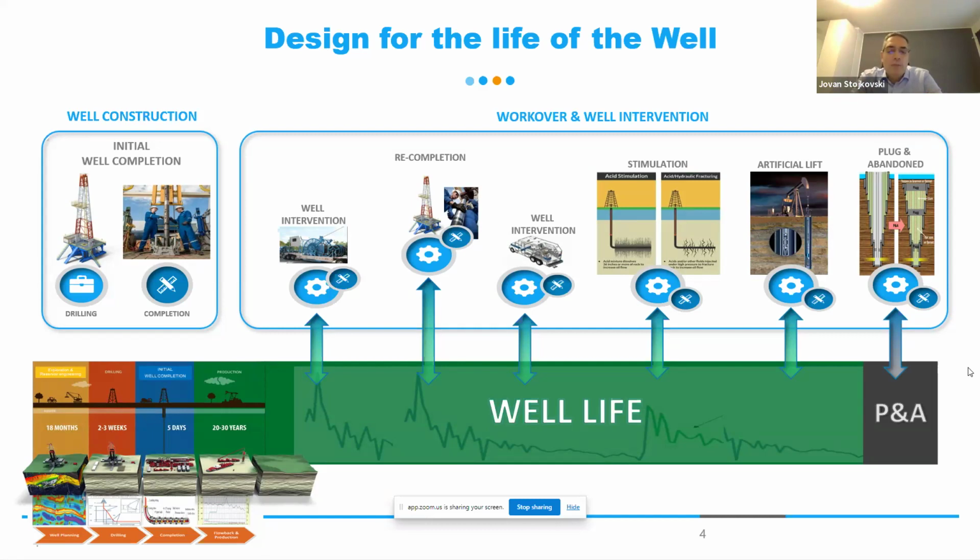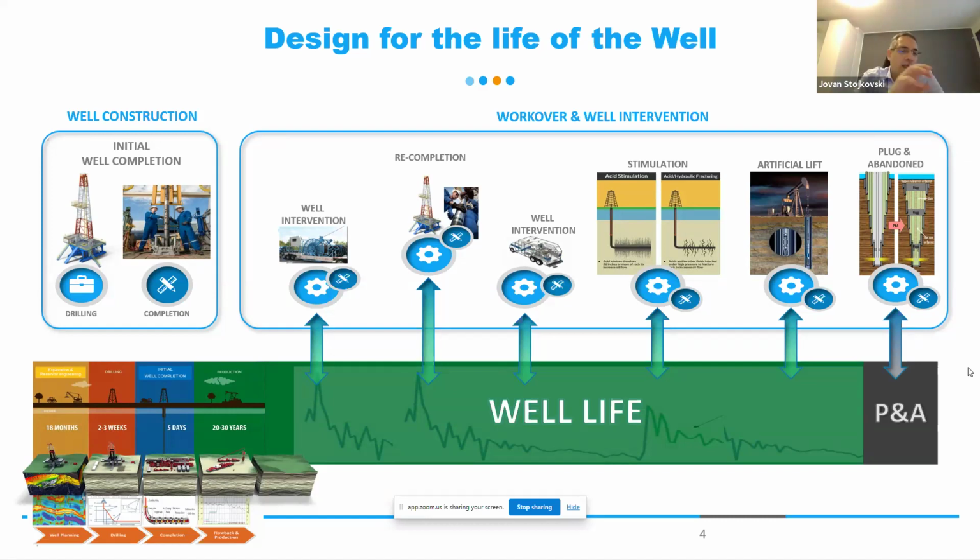At a certain point of the well, we might need a stimulation job, like acid stimulation or high pressure stimulation, until our production is depleted so much that we don't have natural flow anymore, and then we will switch to artificial lift and plug and abandon. I took this example of a naturally flowing early-stage well, coming from natural flow to artificial lift and plug and abandon, when basically we don't have anything more to produce.